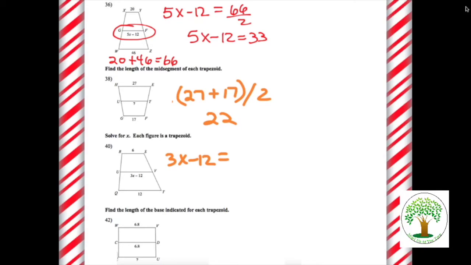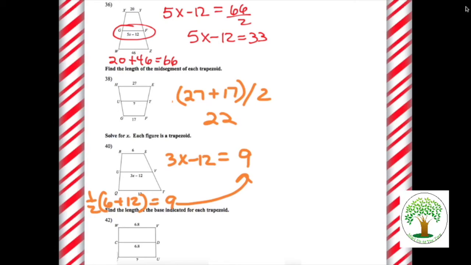What's half of 18? 9. So it equals 9. I'm going to write this out so you can see where I got the 9. For the sake of time, we're going to let you do the algebra at home. Okay. Got it?